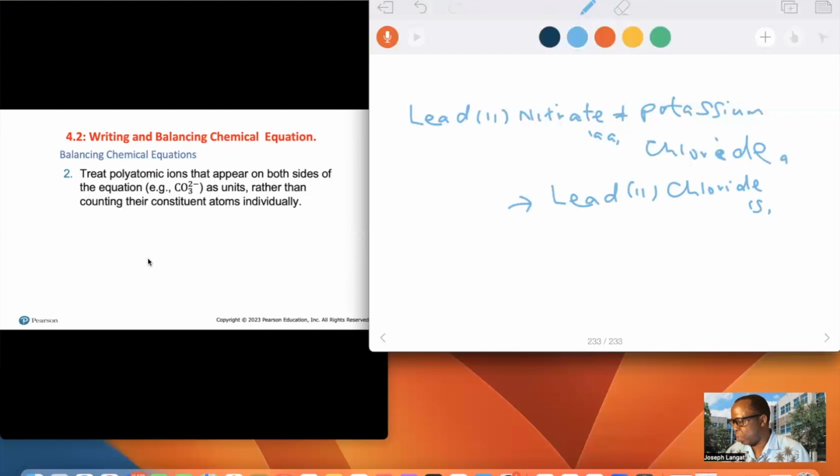This is aqueous, by the way, plus potassium nitrate.